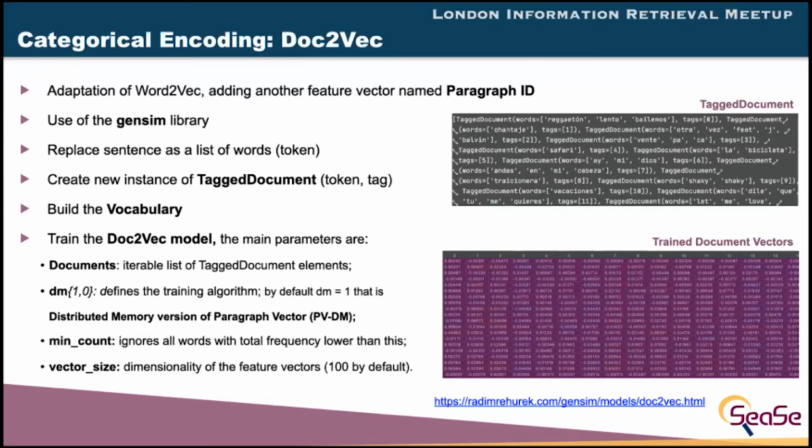So we set the vector size using the default value, that is 100. Now I cannot show you in the picture all the features, but in this case, track name was replaced with 100 new additional encoded columns.